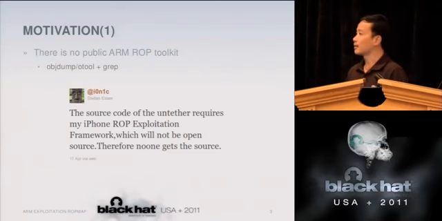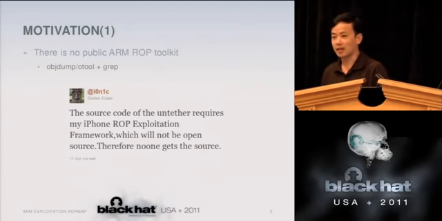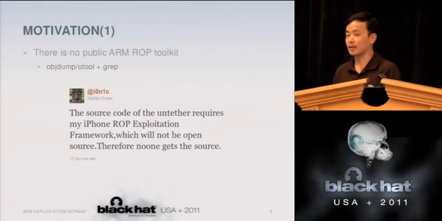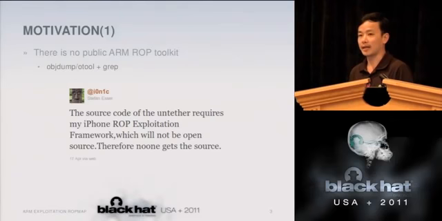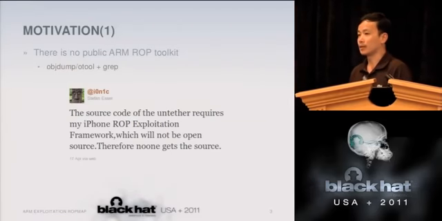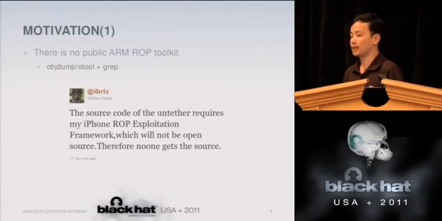There are several ROP toolkits for x86 architecture, like DEPLib from Immunity, Mona from the Corelan team, and other tools like Skyrack. But there is no public toolkit for ARM architecture.